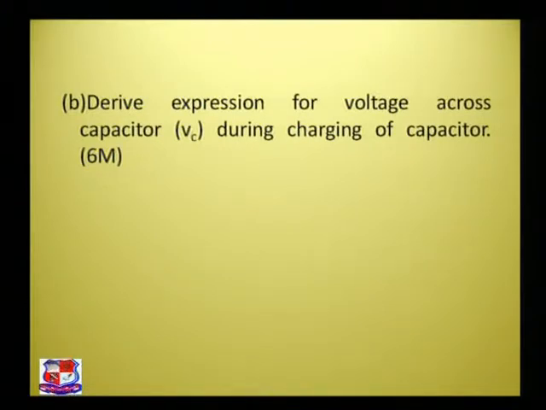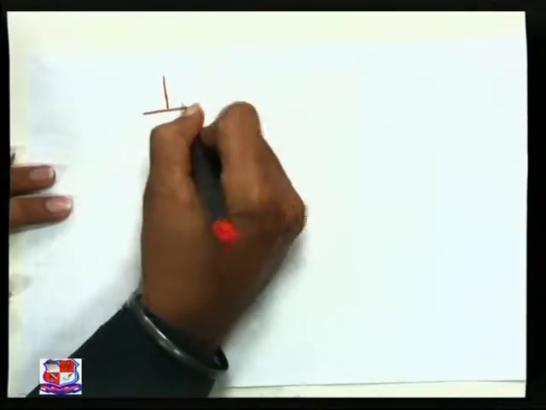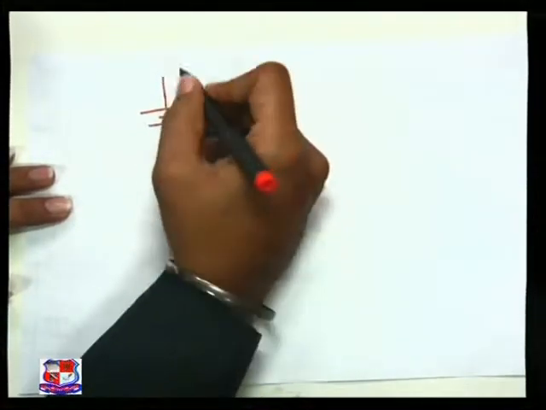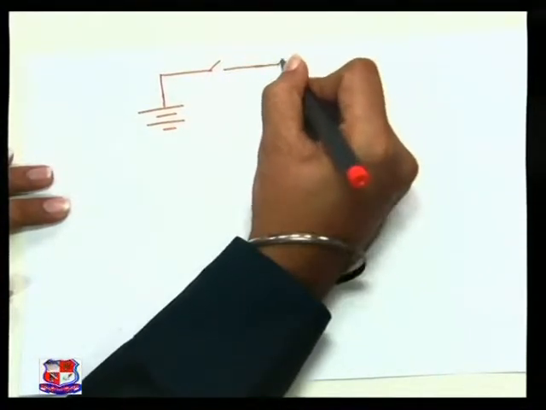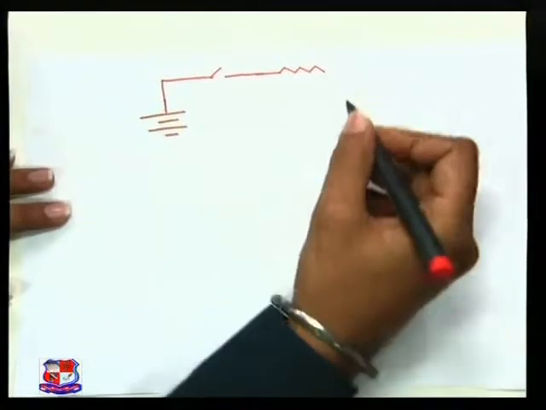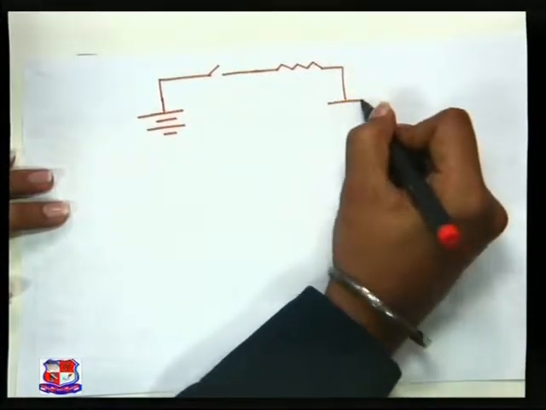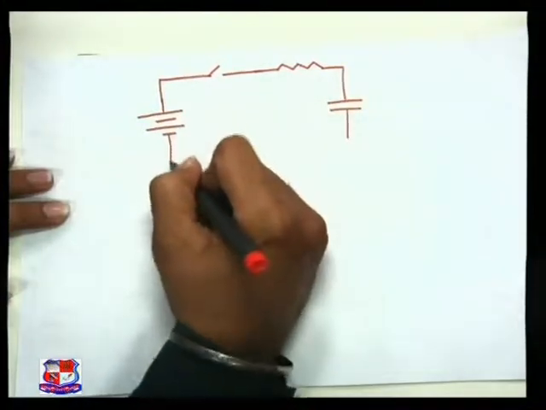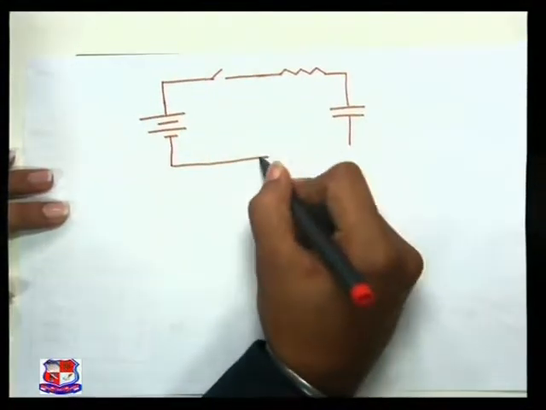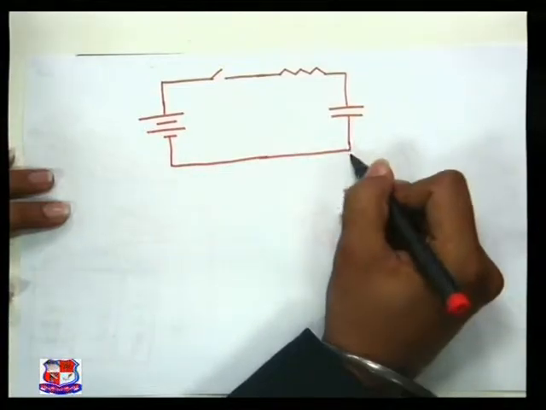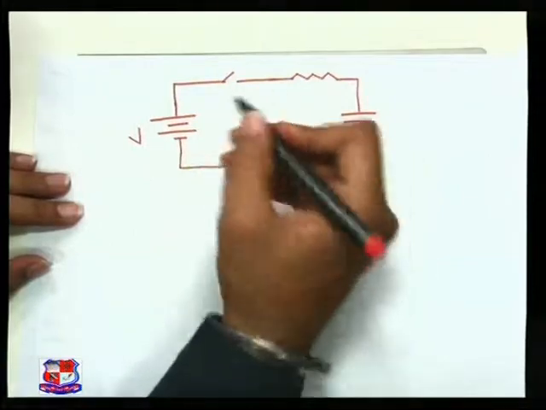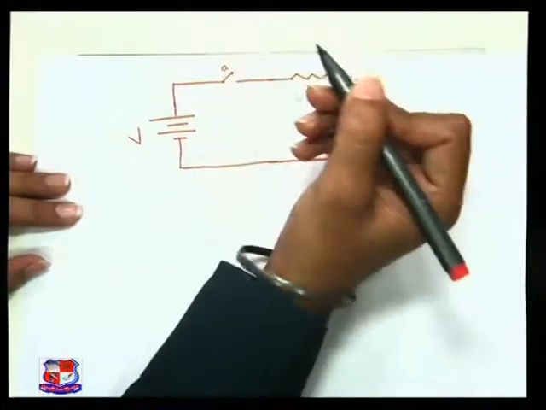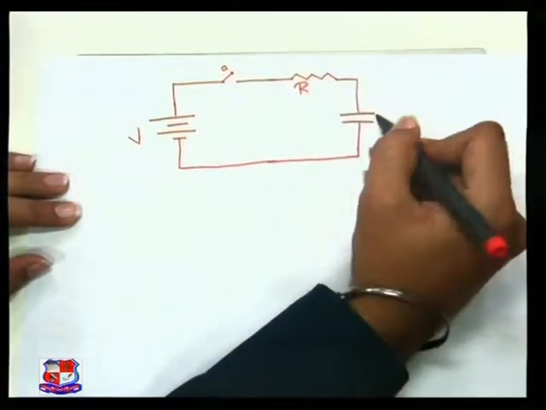Okay, what I am doing is considering a circuit. Right, so consider a circuit where this is a battery having voltage V. This is a switch, actually, initially it is open, this is the resistance and this is the capacitance.